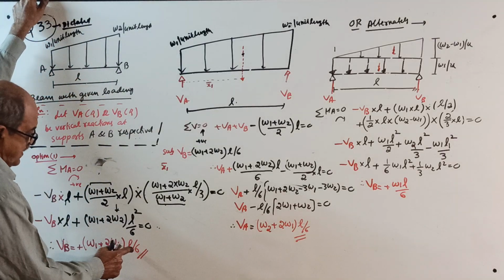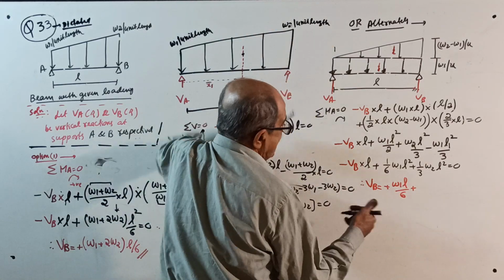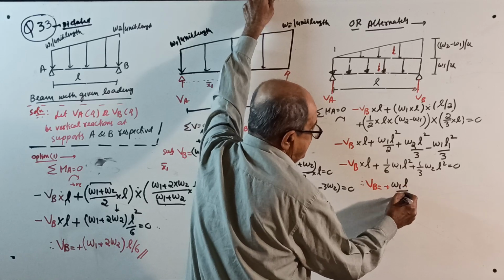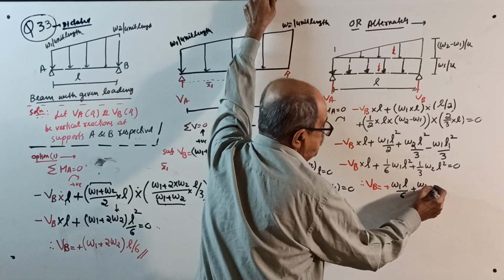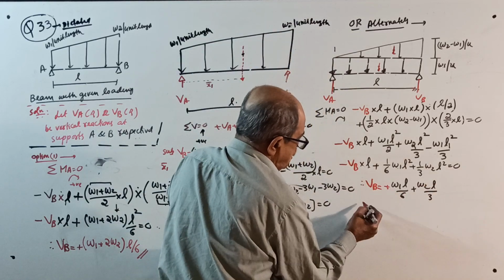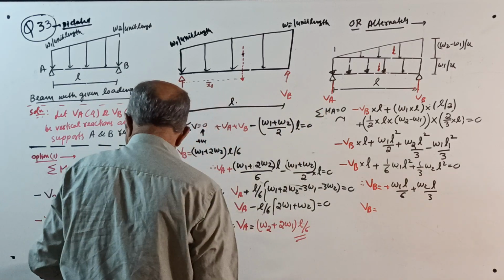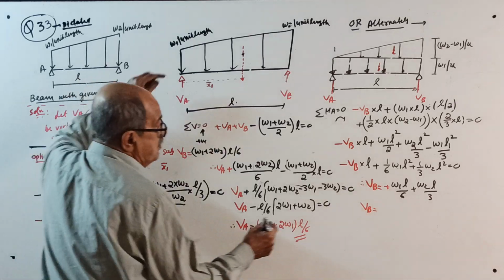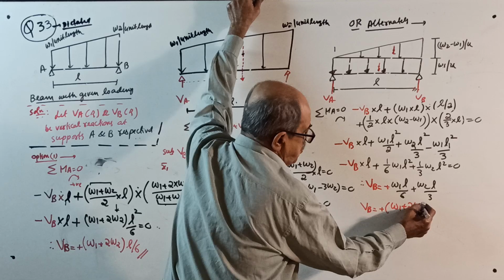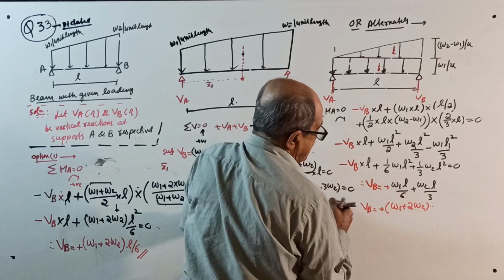W1 L by 6 plus W2 L square by L is L by 3, or you can tell VB equal to same format, VB equal to W1 plus 2W2 into L by 6.